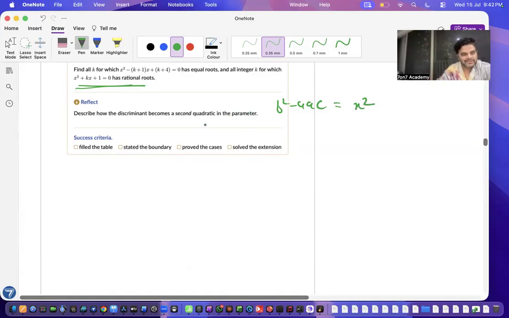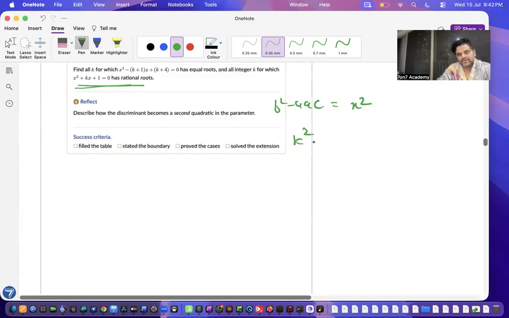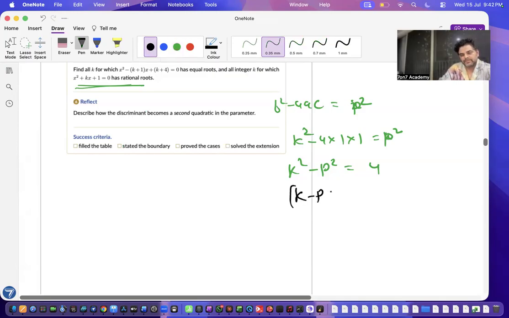B is what in this case? K. So k square minus 4, a is 1, c is 1, equal to x square. Don't take x, take p. So k square minus p square is equal to 4, so (k minus p)(k plus p) is 4.